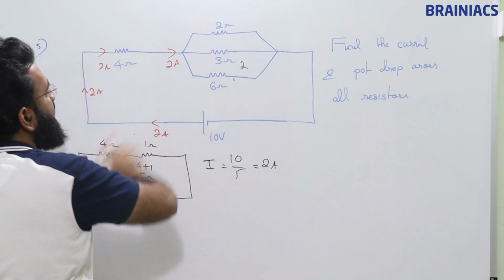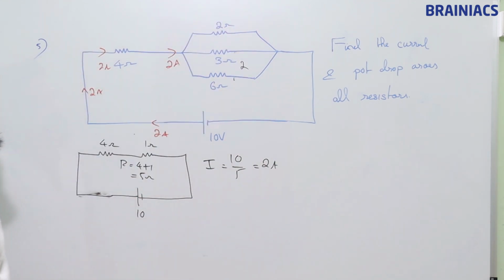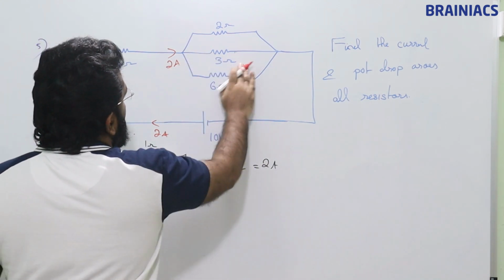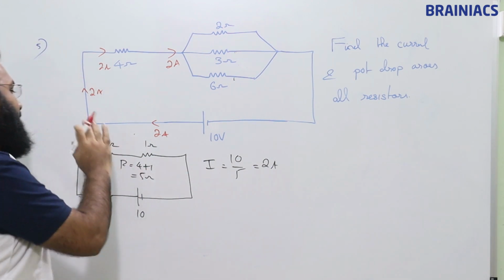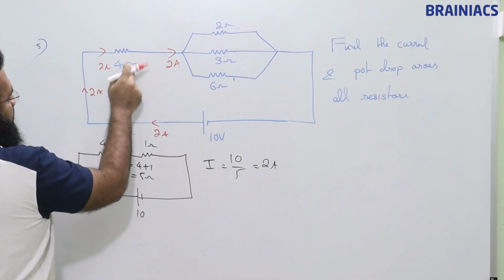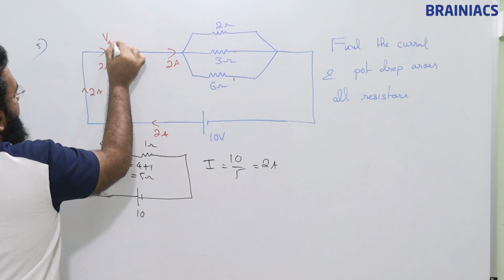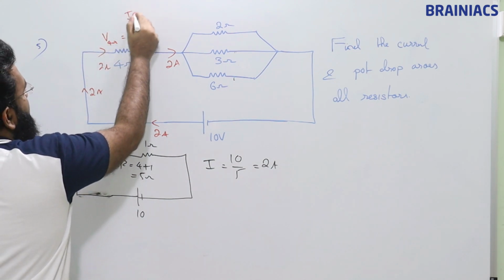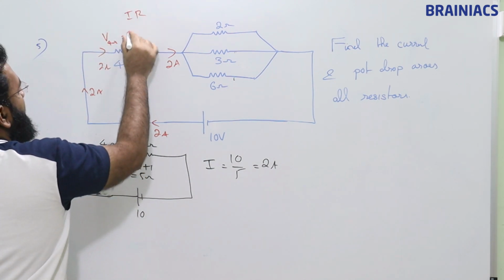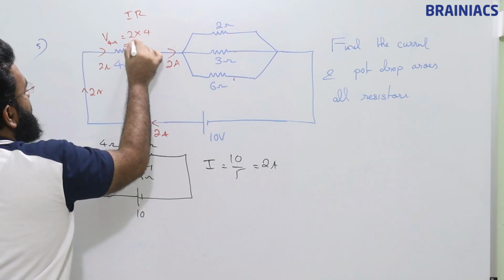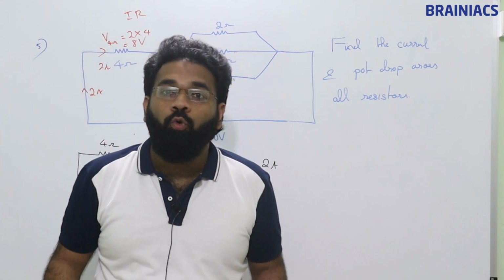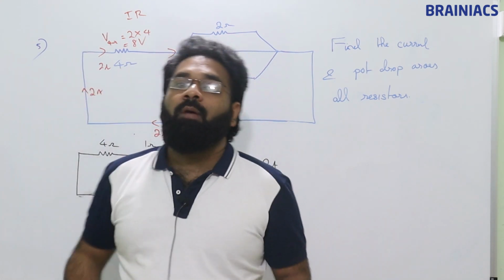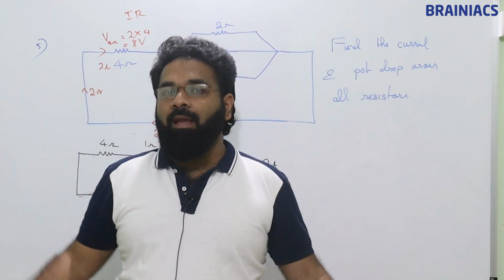2 ampere reaches here, then it will have to divide. Correct? So one method which we can find directly is, if 2 ampere goes like this, V across 4 ohm, just by using the formula IR, is 2 into 4, that is 8 volt. So from 10, 8 volt is dropped.